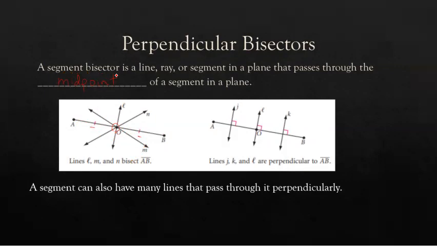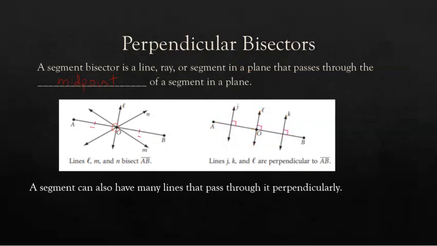Now, we can also have perpendicular lines through AB. Do we see J, K, and L going perpendicularly through AB? All of these lines are perpendicular, but they're not all going through the midpoint.